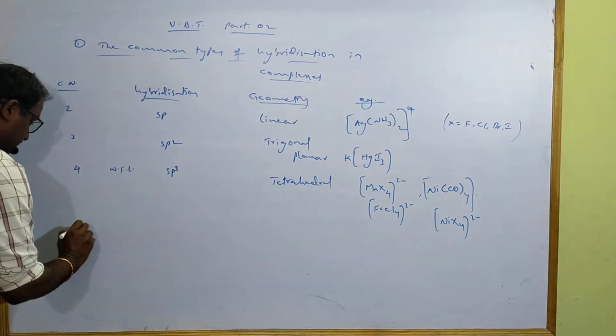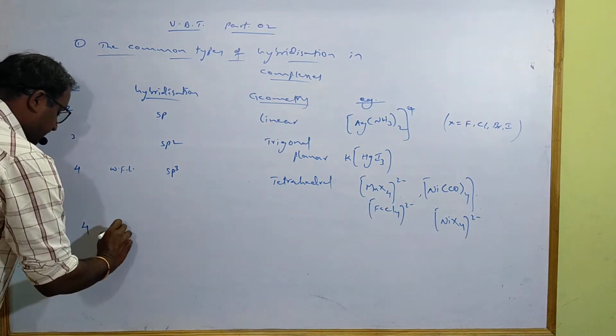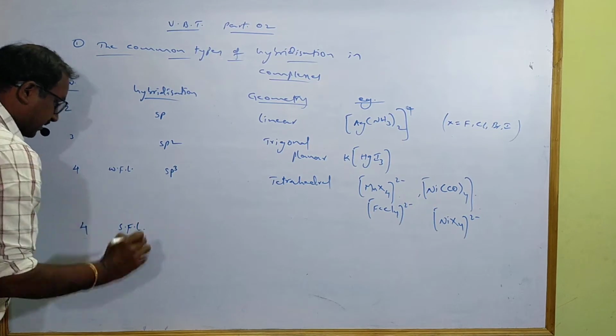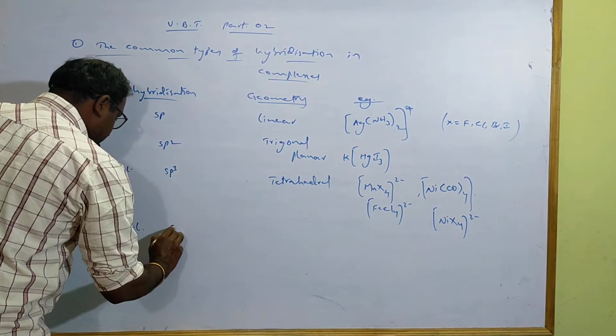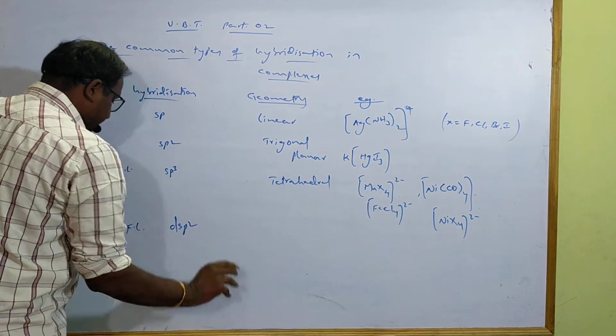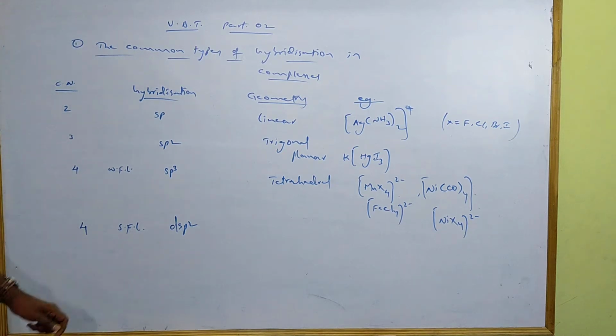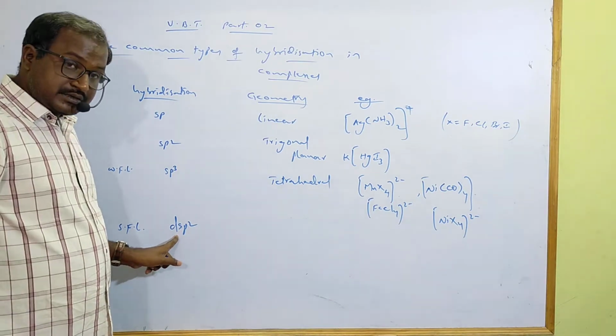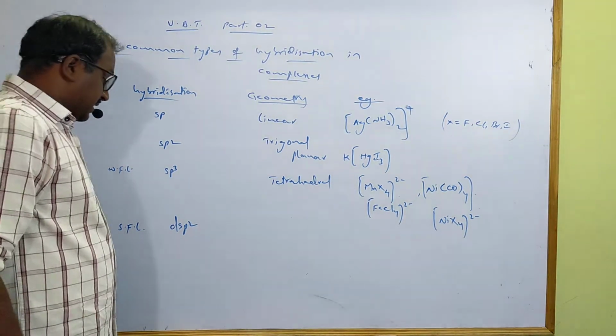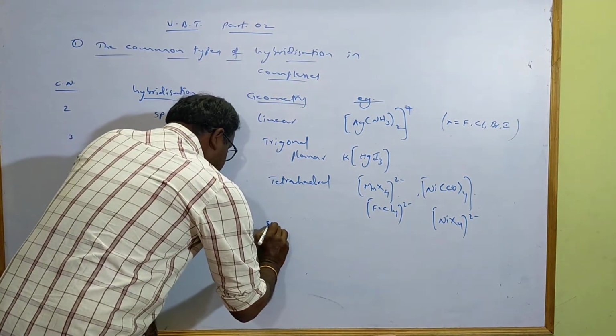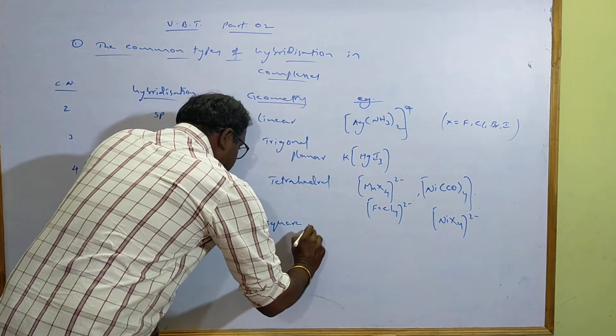Next, if coordination number is 4, if there are strong field ligands in the complex, the hybridization will be dsp2. The first video I already told you which d orbital is involved in hybridization, dx square minus y square, and if it is dsp2, shape will be square planar.